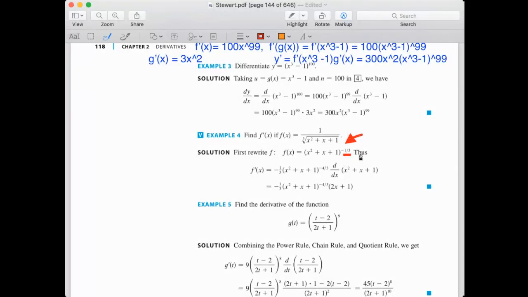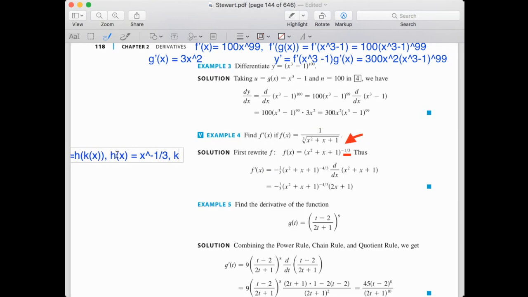So this is the outside layer. So maybe we think of f of x as h of k of x. Let's use different letters, right? Then what does h do? H takes the input and raises it to the power negative 1/3.